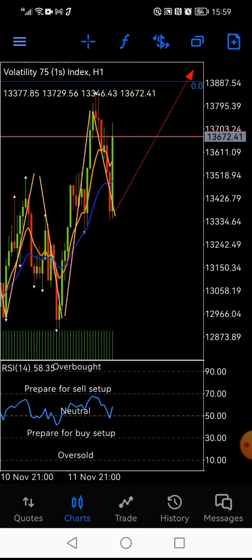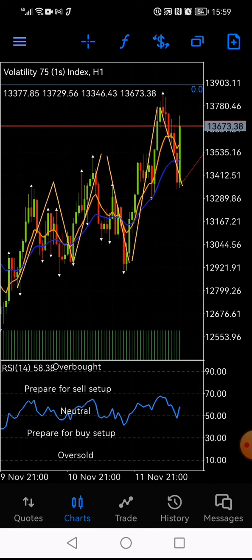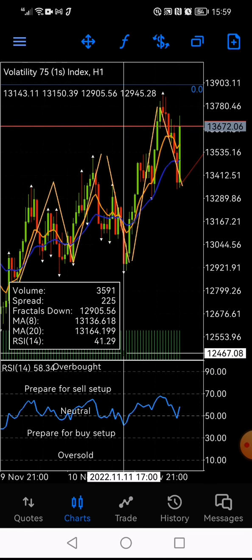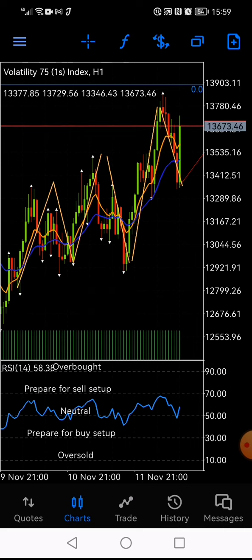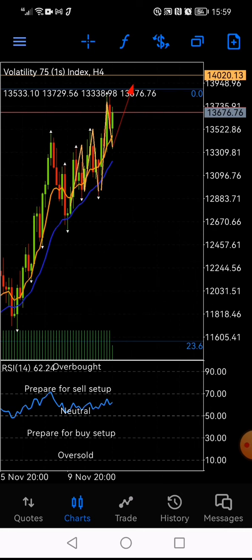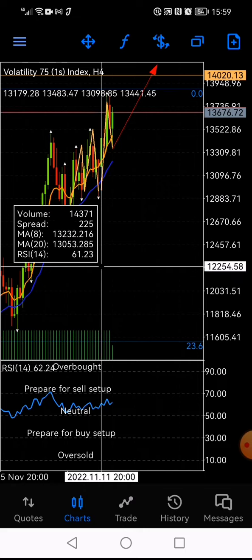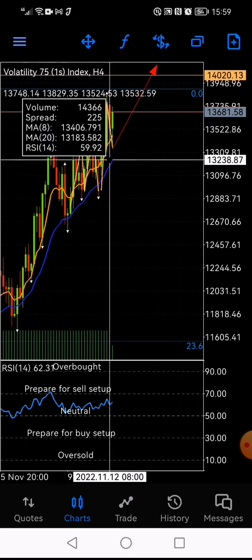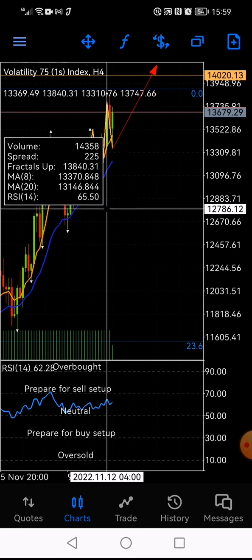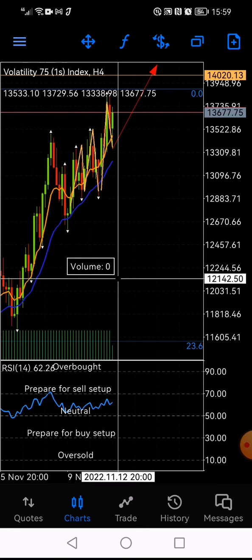If we're going to be conservative about it, we could have placed our stop loss at 12,905. Then we expect the price to shoot all the way up, because we can see that the momentum is still high. Our entry could have been somewhere here at 13,544 that we're talking about.